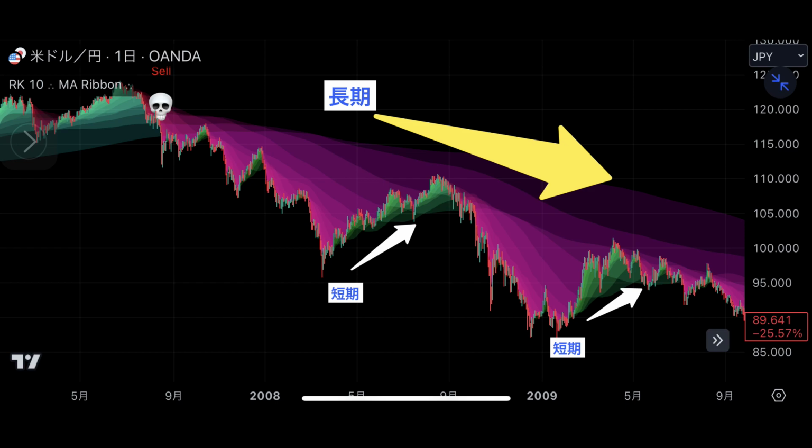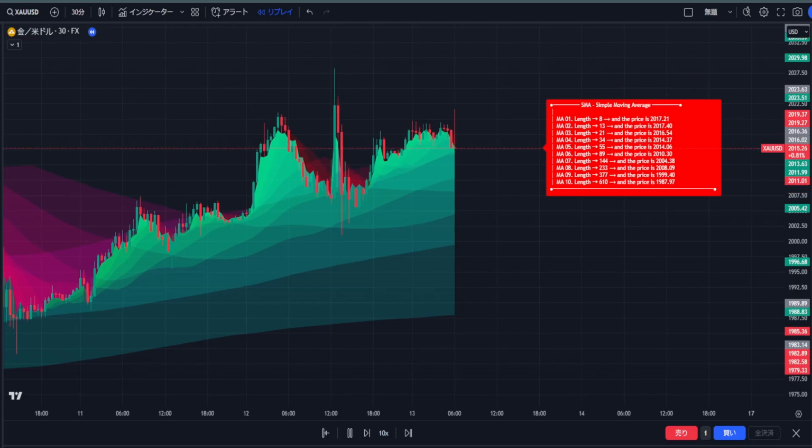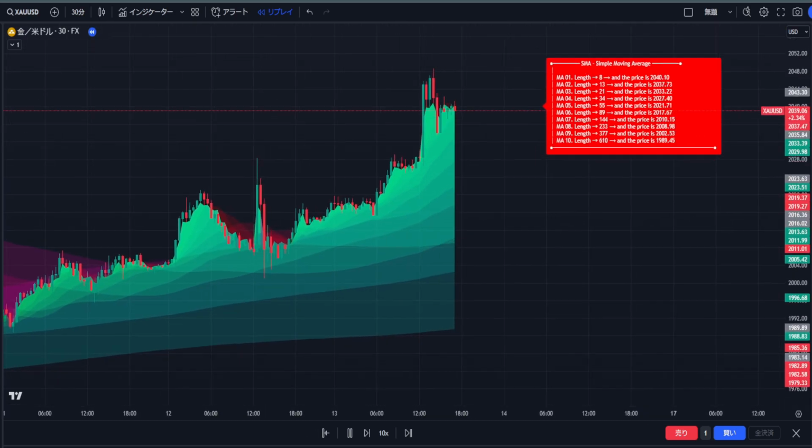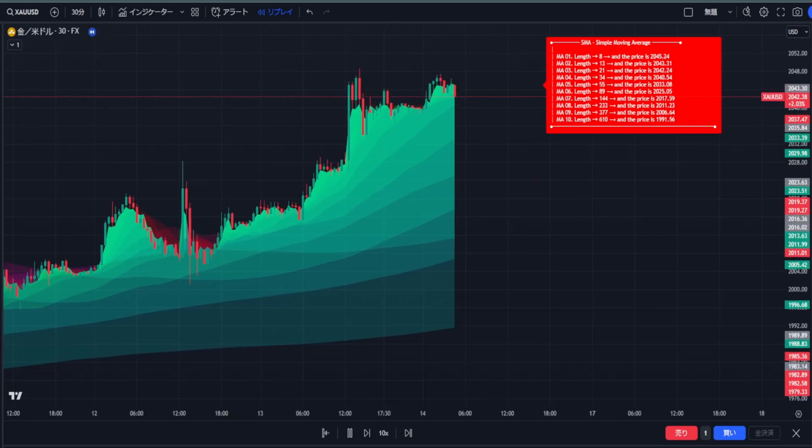When prices are rising, the ribbon turns green, and when prices are falling, the ribbon turns pink. If the price falls below the longest moving average, it signals a sell signal, the skull. Conversely, if the price rises above it, a buy signal, the rocket. When the ribbon is expanding, it indicates a strong trend.